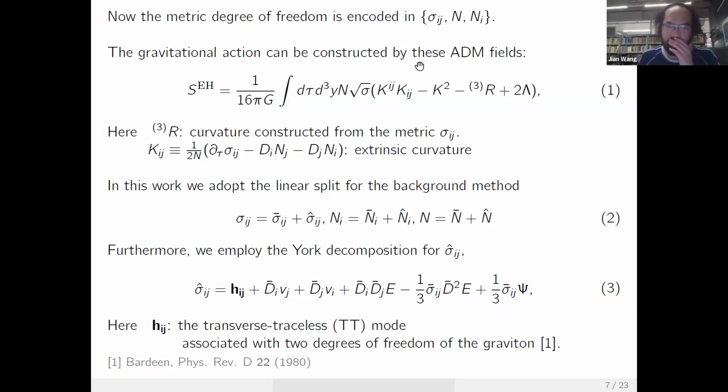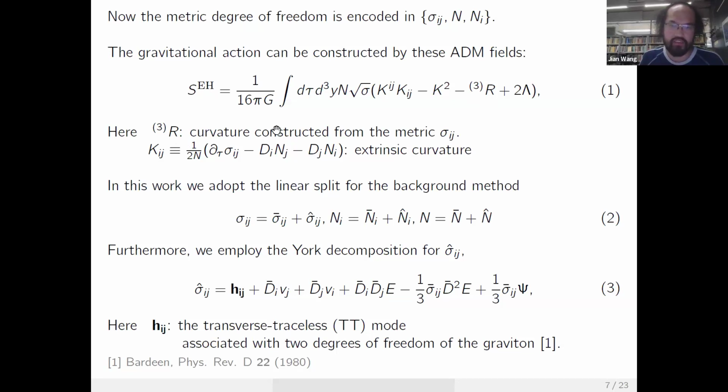Similarly, we can also do that for the action. For example, the Einstein-Hilbert action can be written in terms of the extrinsic curvature and the intrinsic curvature on the hypersurface.